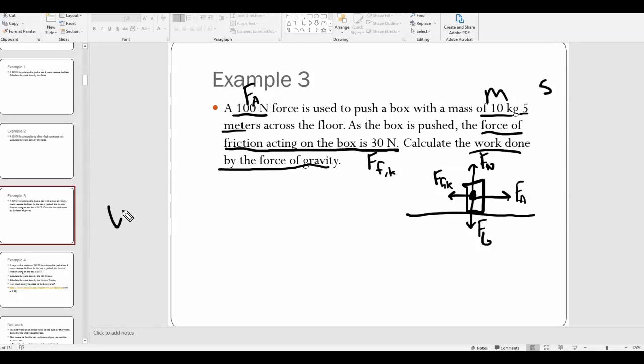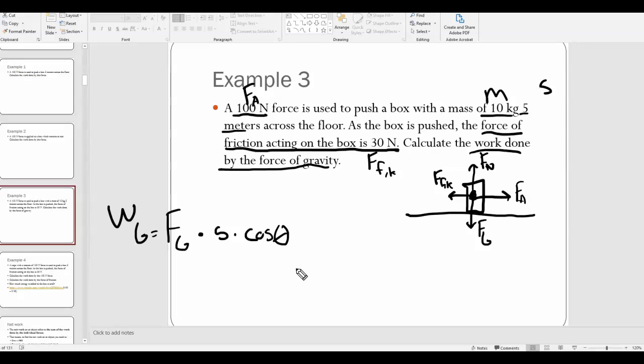Okay, so the work done by the force of gravity, work is Fs cosine theta, so that would be the force of gravity times the displacement times cosine theta, where theta is the angle between the force, in this case the force of gravity, and the displacement.